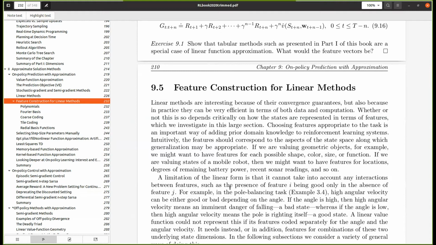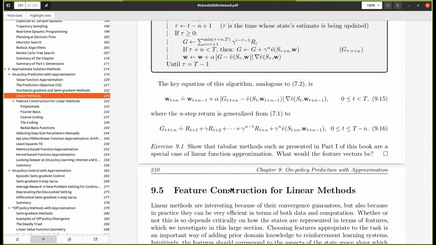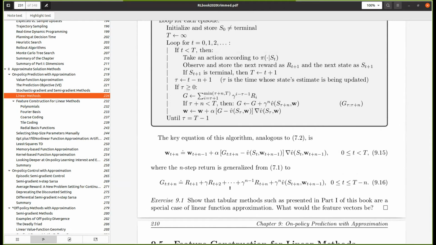To do this kind of analysis for more complex functions like neural networks would require much more work, and I'm not even sure if it's done anywhere at all.